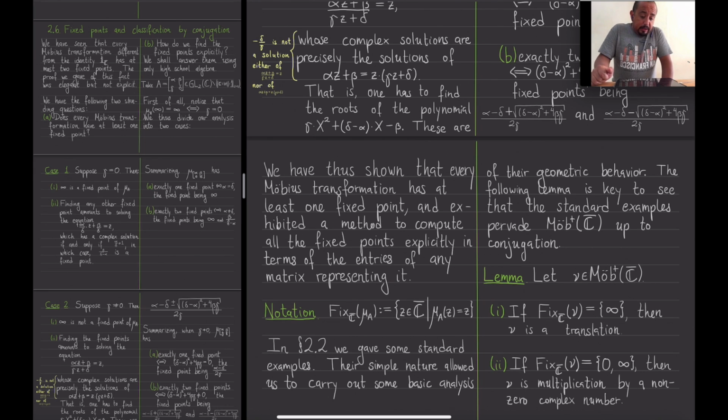Now we know that every Möbius transformation which is not the identity has either exactly one fixed point or exactly two fixed points, right? We already saw some examples, namely translations, each of which has exactly one fixed point, and multiplication by a non-zero, non-one complex number alpha, different from 1 and 0, in which case 0 and infinity are fixed points, so two different fixed points.